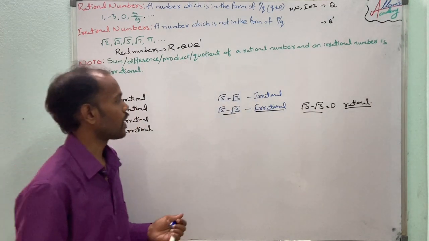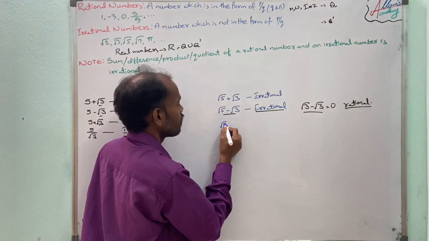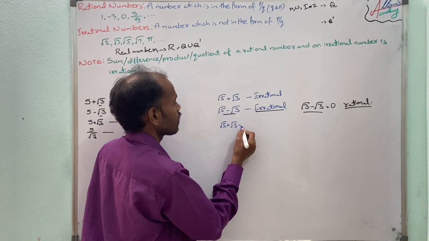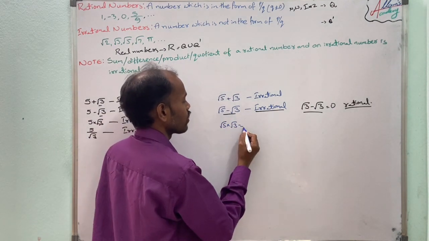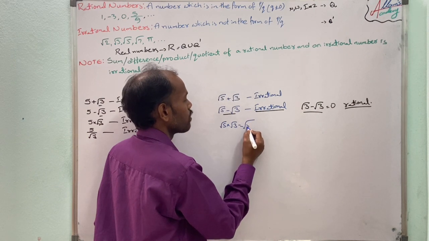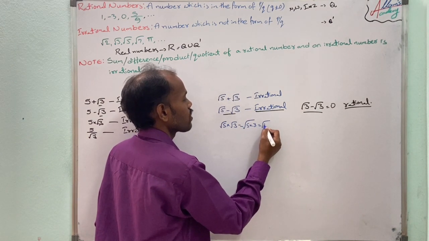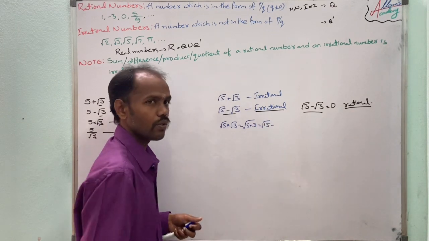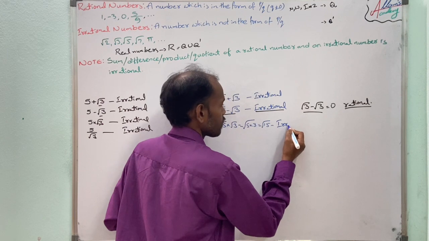In the same manner, now if we observe the product root 5 into root 3, we already studied in 9th: root a into root b means root a into b. So root 5 into 3 means root 15. So root 15 is also an irrational number.